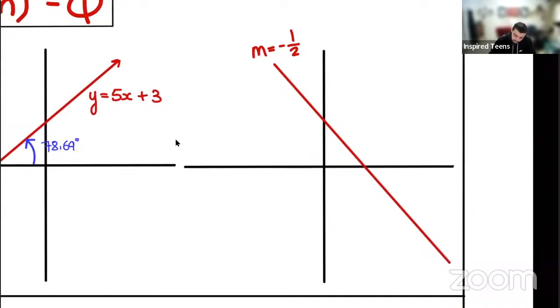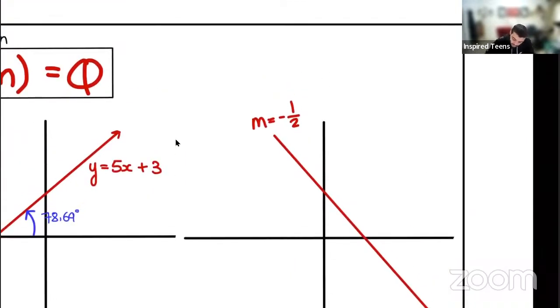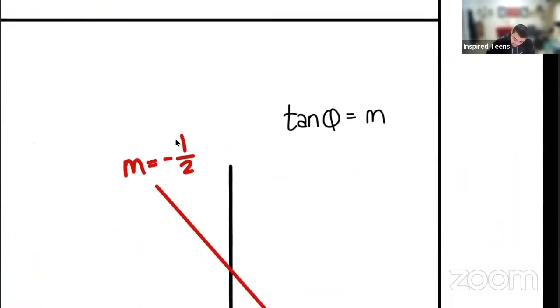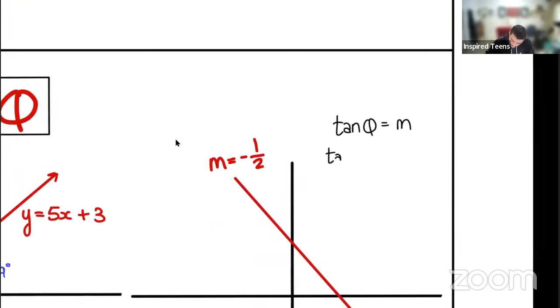When we work with a negative gradient, here I'm going to say tangent theta equals gradient, or you can directly write this also, it's fine. Therefore, shift tangent of the gradient is going to give me theta.